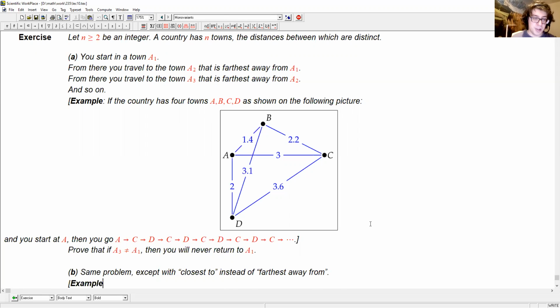So, example, in the above country, if you start at C, then which of them is closest? A, D, and B. B is closest. So C to B. From B, you go to A because A is the closest to B. From A, you go back to B, and then you keep oscillating between A and B.